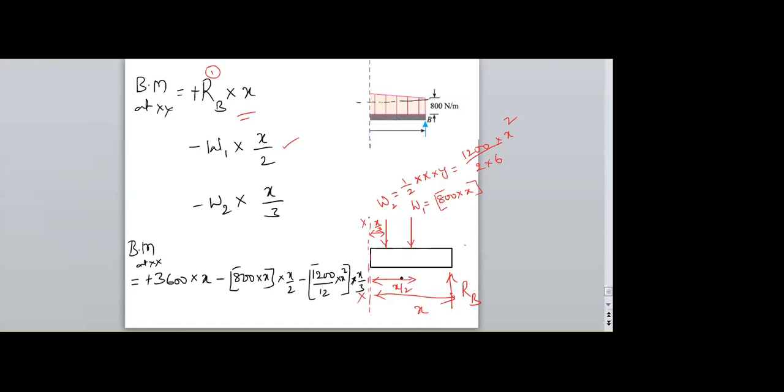And next, W2, its distance is x by 3. So substituting RB, W1 and W2 and getting the bending moment standard equation, substitute x is equal to 0, 1, 2, 3, 4, 5, and 6 is the last.